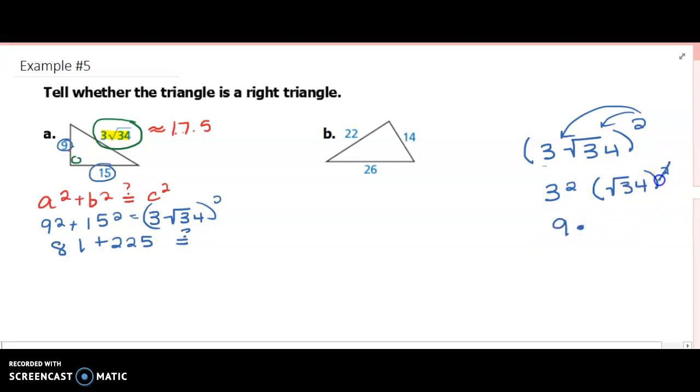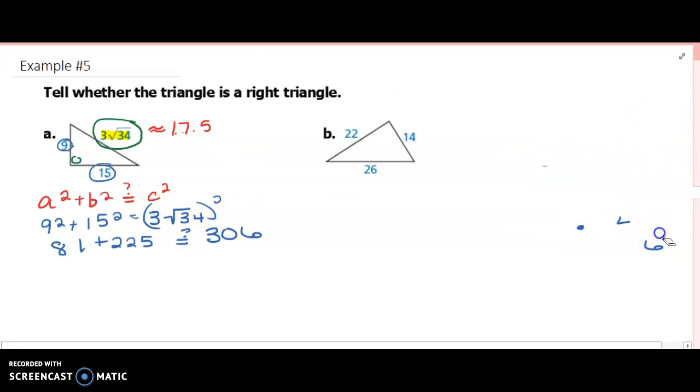Square root of 34 squared, the square and the square root cancel each other out. So 9 times 34, and 9 times 34 is 306. So I'm going to put 306 over here, and then I'm going to erase this so we have more room for B. All right, so 81 plus 225 is 306.